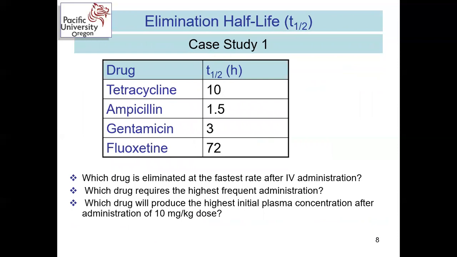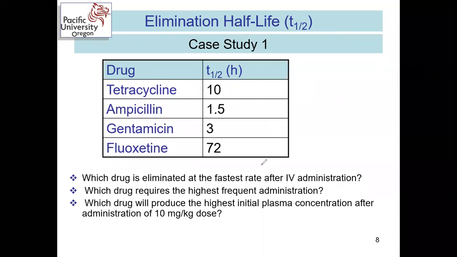Let's apply the concept now on these cases. I gave you 3 drugs, tetracycline, ampicillin, gentamicin, and fluoxetine. They have different half-lives. My first question here is, which drug is eliminated at the fastest rate after IV administration? So we can use, as always, the half-life or elimination rate constant to describe the rate of the elimination process.